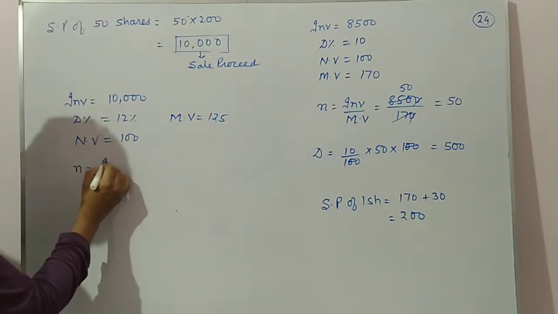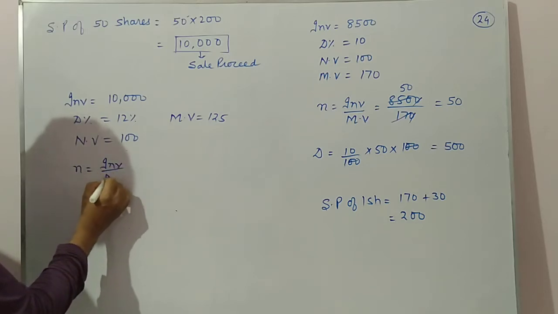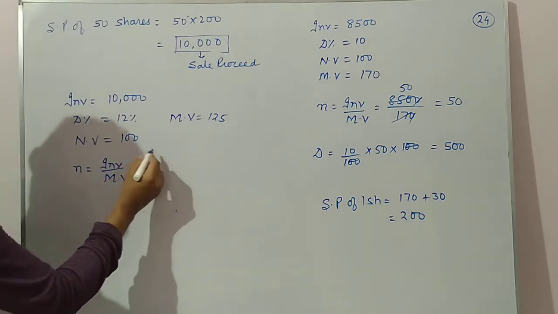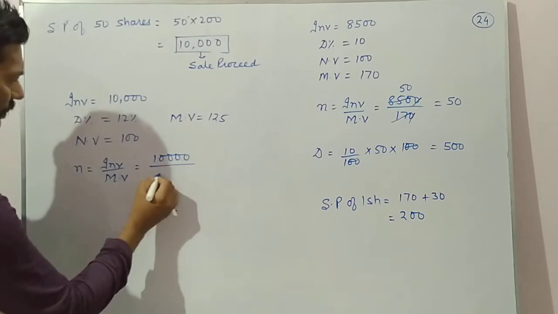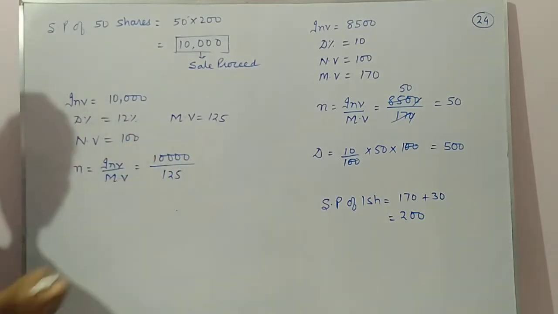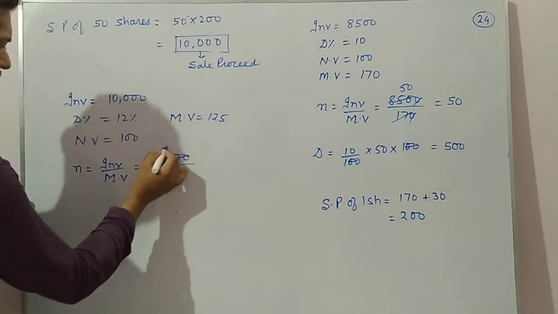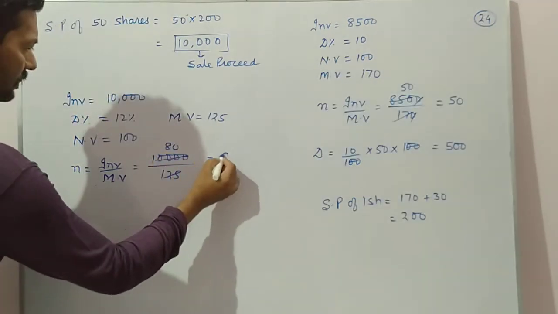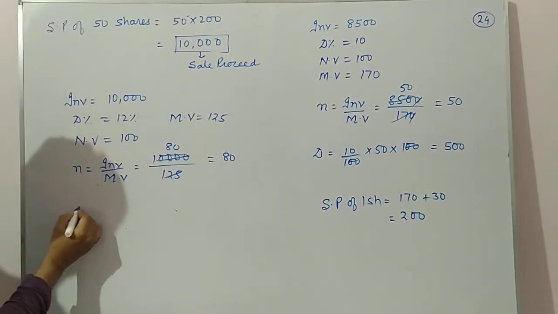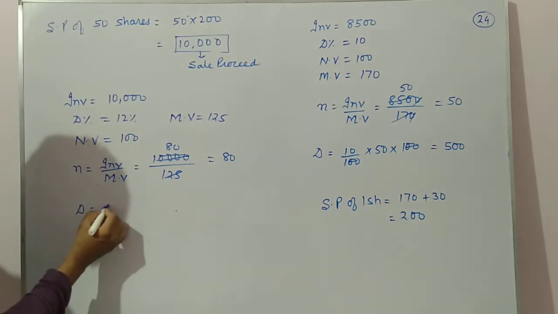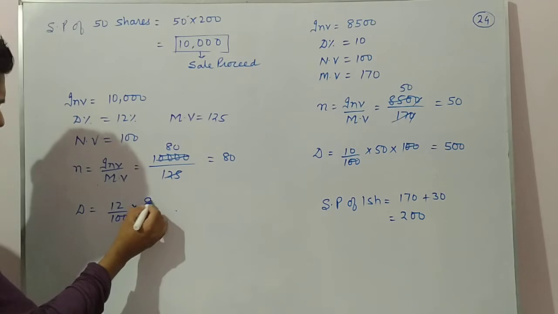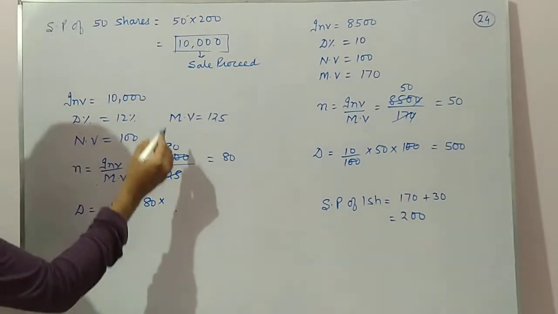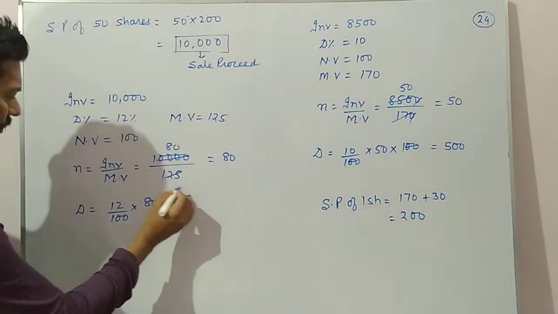Number of shares is investment by market value: 10,000 by market value 125. This will be 80. Dividend is dividend percent 12 by 100 into number of shares 80 into nominal value, 100.